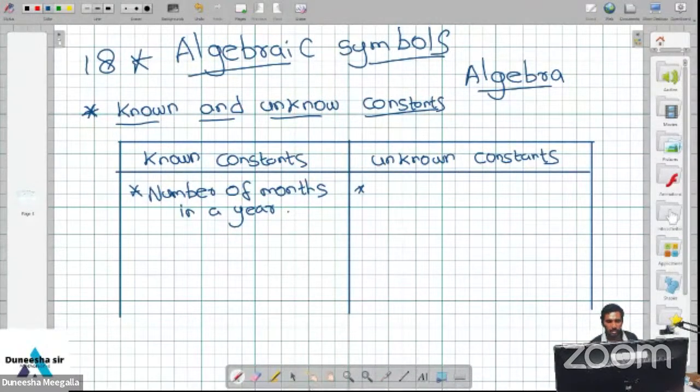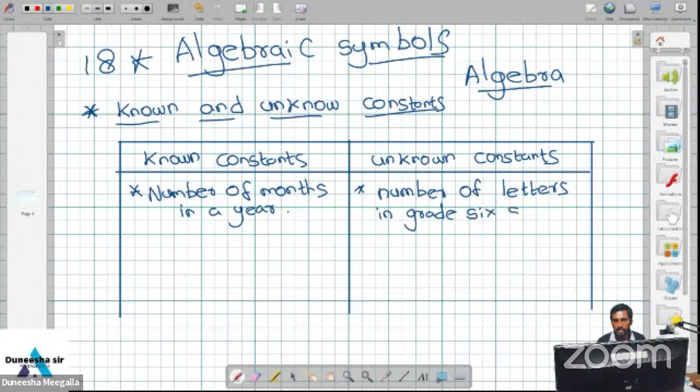Then I am getting another unknown constant. Number of letters in grade 6 science book.